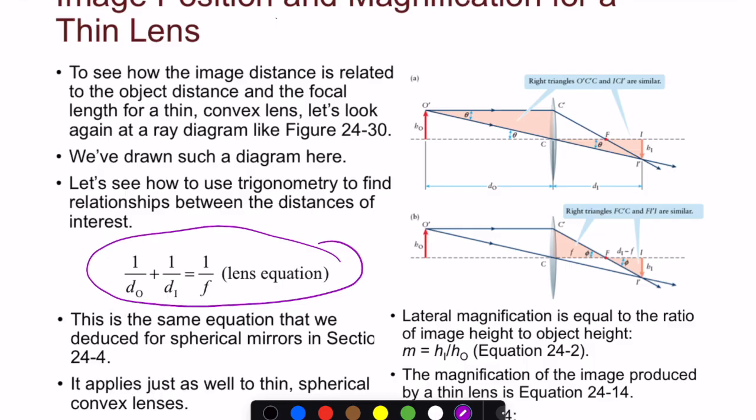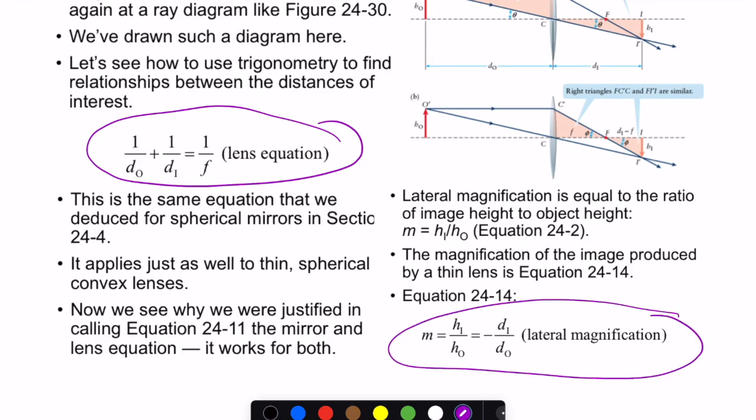So the image-object distance relationship is the same for lenses and mirrors, but we have different sign rules that we apply. The magnification equation is exactly the same, except we have different sign rules that we apply for DI and DO. HI and HO have the same sign rules. If it's upright, it's positive. If it's inverted, it's negative. So the H's have the same sign rules. The distances have opposite, and that's all in a table. So we'll see it.